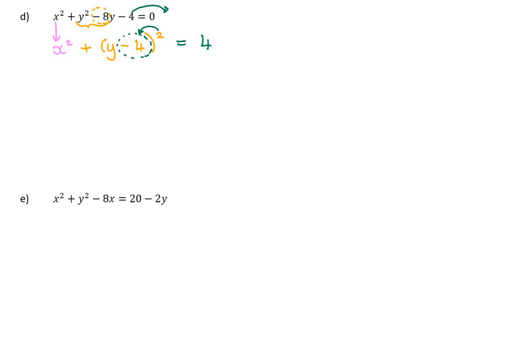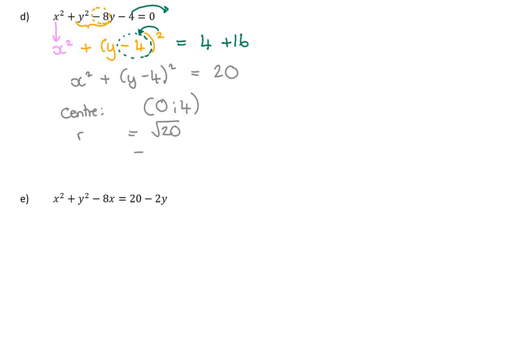Yes, that's y² − 8y, but it's also + 16. So I must add 16 to that side as well, which means I have x² + (y − 4)² = 20. So now that it's in standard form, I can tell you that the center is at (0, 4), and my radius is the root of 20, which I would rewrite in simplest surd form, which is 2√5.